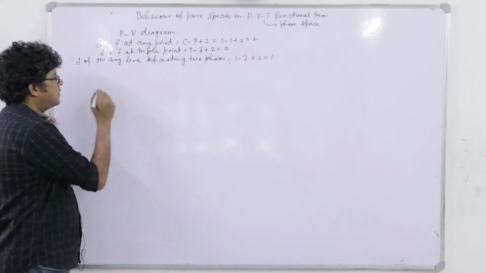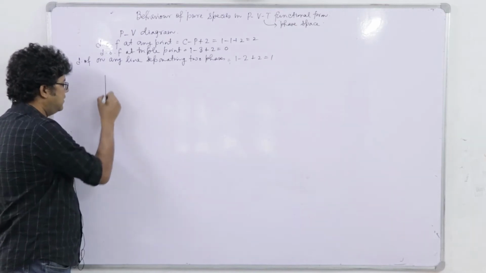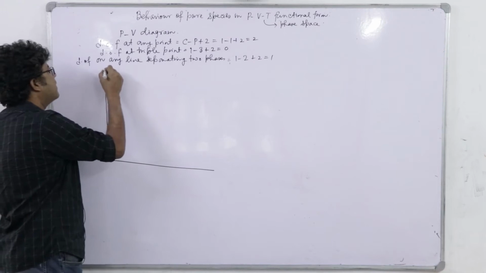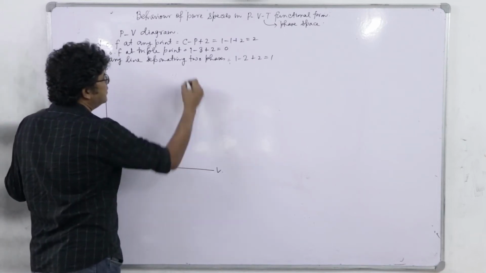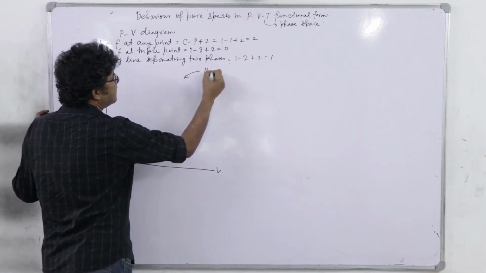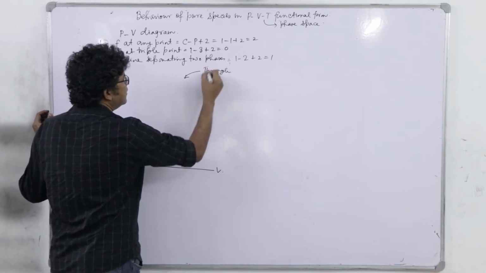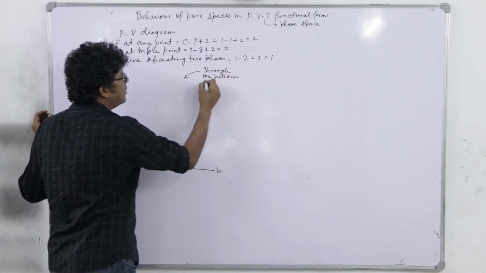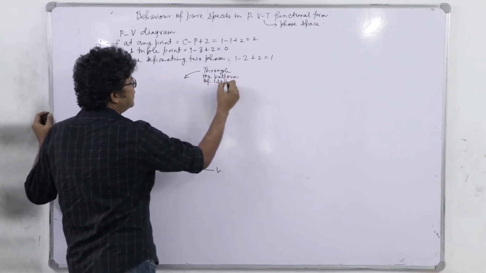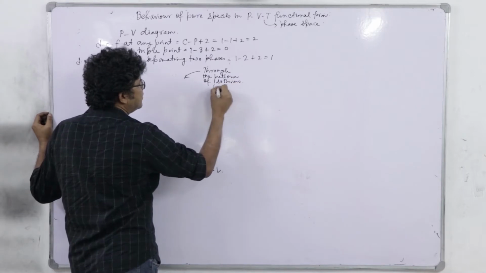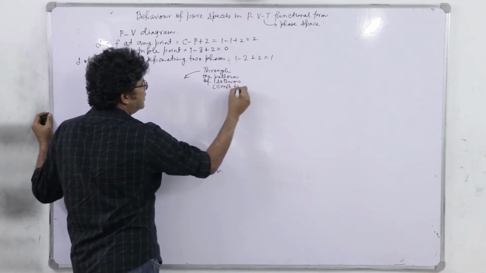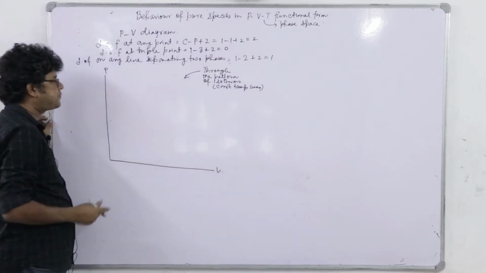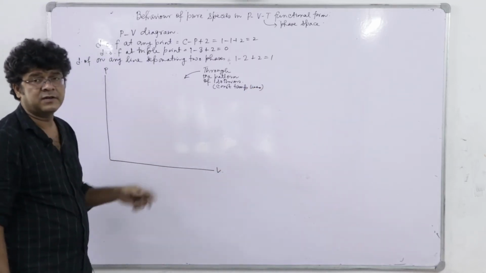So, with that basic understanding, let us describe the PV space, and we will try to describe it through the pattern of isotherms. These are constant temperature lines, right, because we have 2 variables, pressure and temperature.